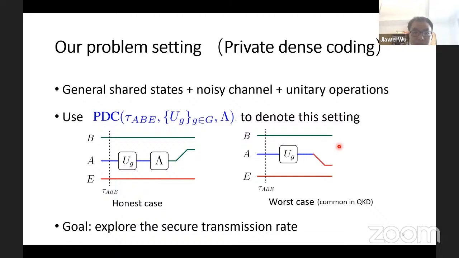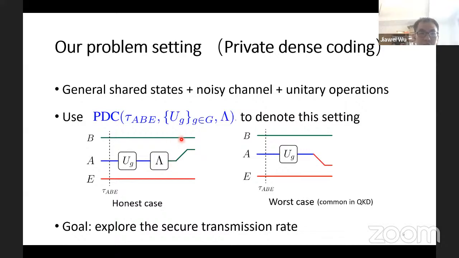So based on these simple settings, we want to construct a more general setting to cover most of the private communication scenarios associated with dense coding. Now, we allow Alice and Bob, and also Eve, to share general states. They can be entangled or decoupled. They are connected by a noisy channel, gamma.